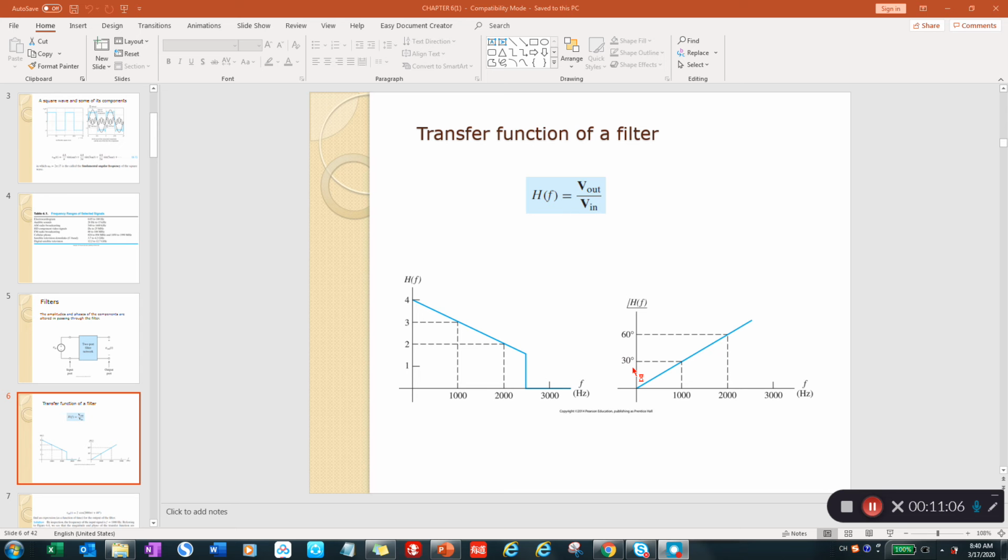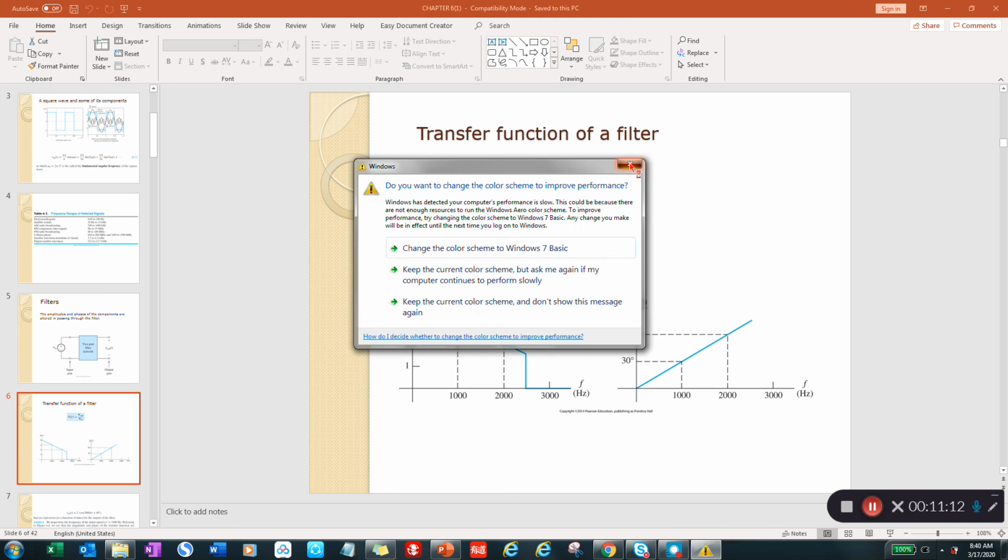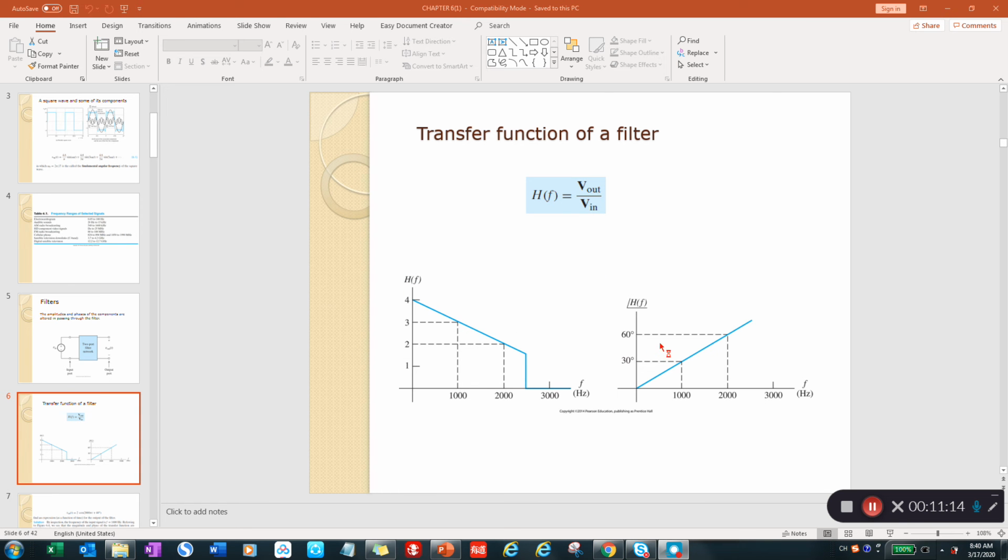That means your phase angle will be increased by 30. If your frequency is 2000, then your phase angle will be at 30 degrees. If you look at the pattern, you can see that for the following frequencies, the corresponding phase angle will change.